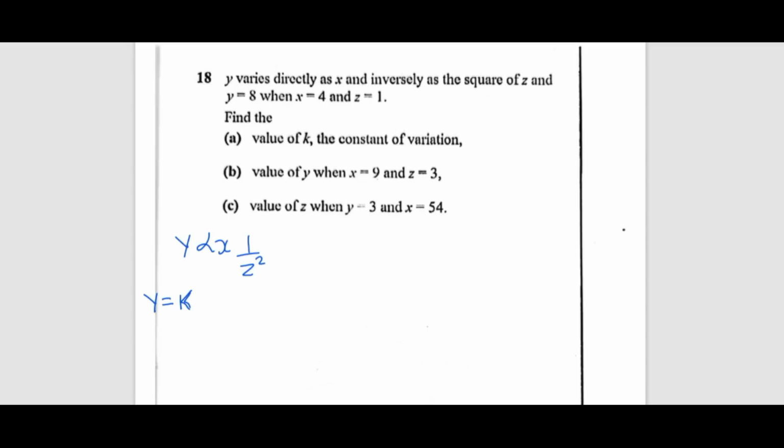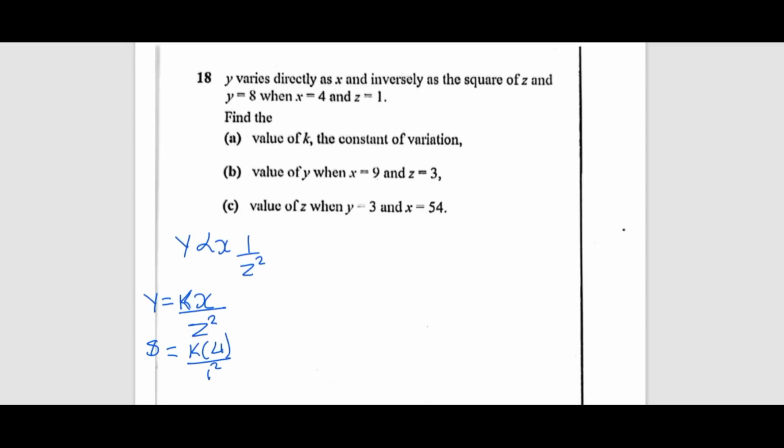Then this k will multiply with x, then z will be on the denominator, since it is the inverse. Now we can do substitution. We can see that y is equal to 80, k is what we are solving for, x is 4, over z is 1 squared.